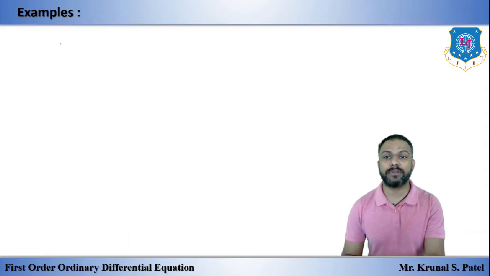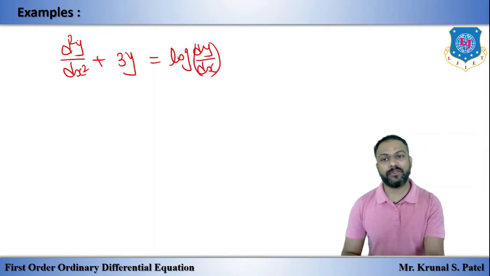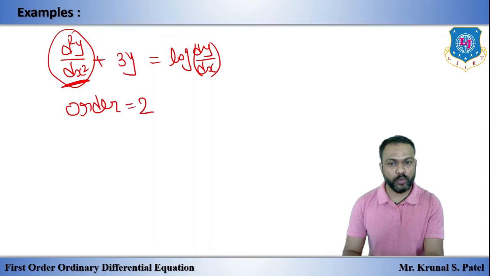In a similar way, I have to tell you about radicals. Suppose the differential equation is given like d square y by dx square plus 3y is equal to log of dy by dx. In this kind of example, we can find the order because the highest derivative is 2, so the order is 2. But what about the degree?